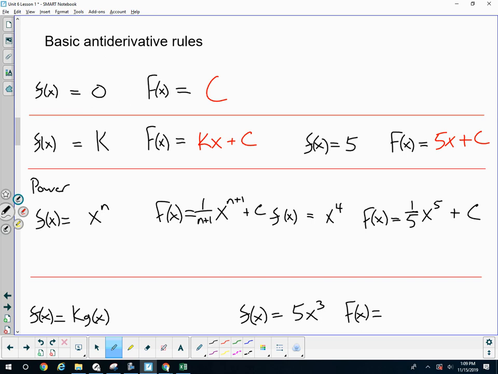So the process is, and this is kind of counter to the derivative process. The derivative process is take the 4 down first and then subtract 1.